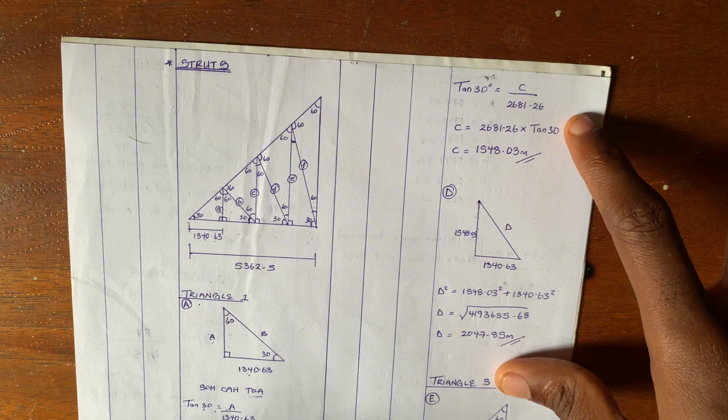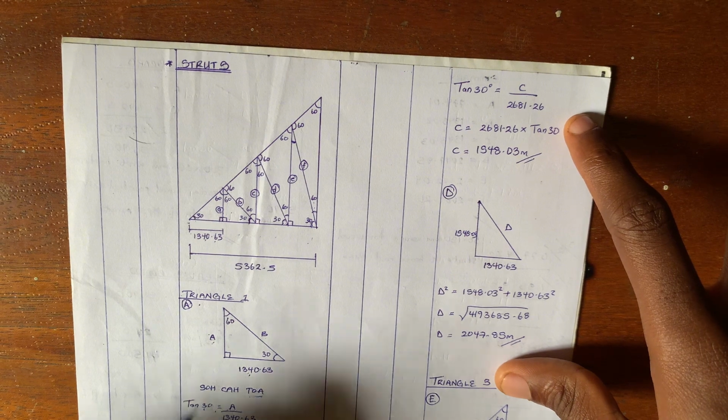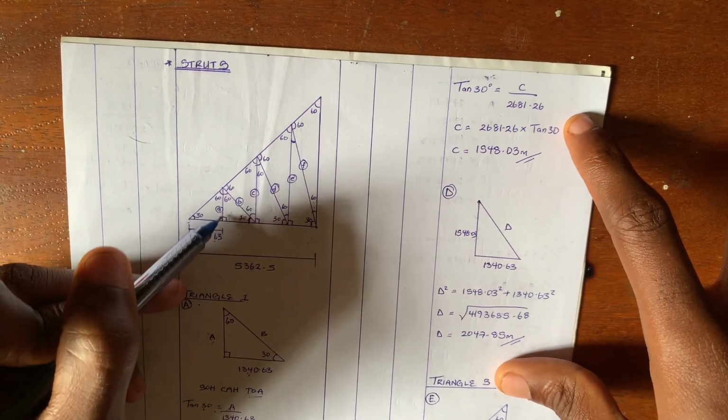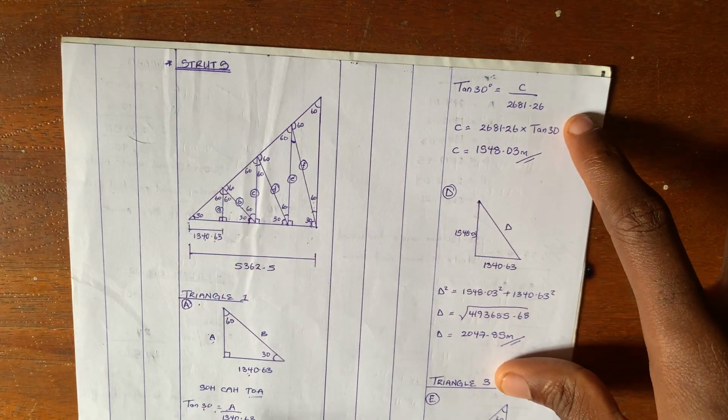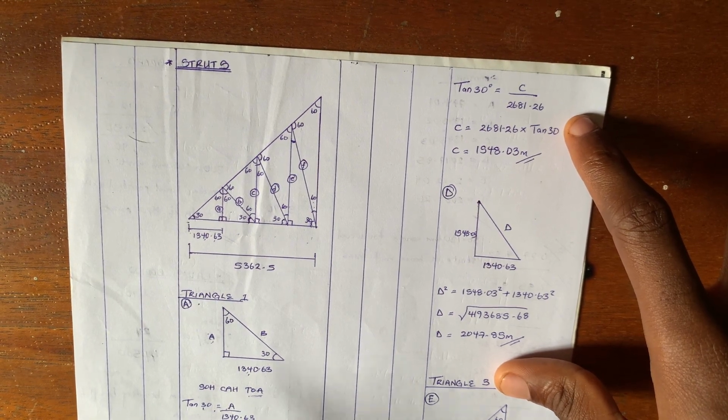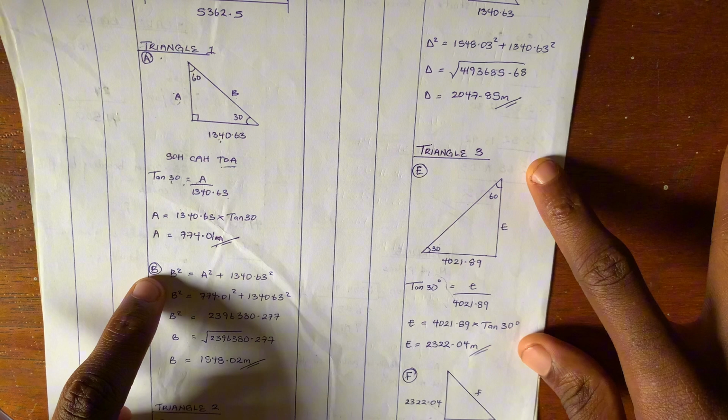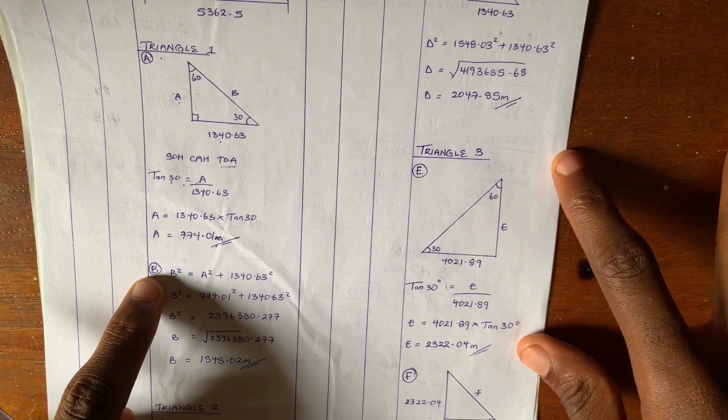A is equal to 1340.63 times tan 30. Therefore A is equal to 774.01 meters. That is here. This A here is equal to 774.01 meters.